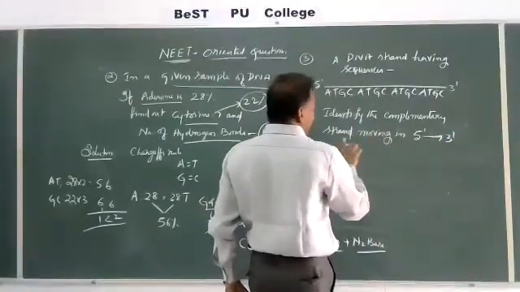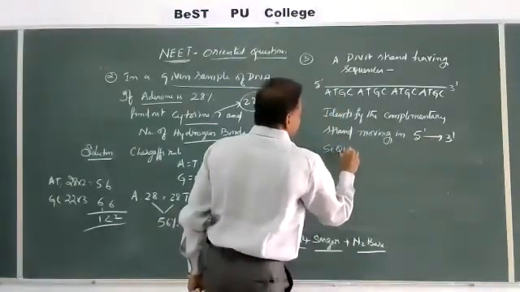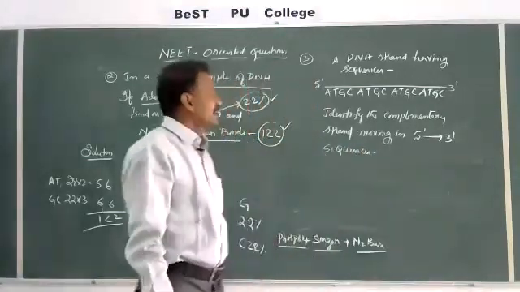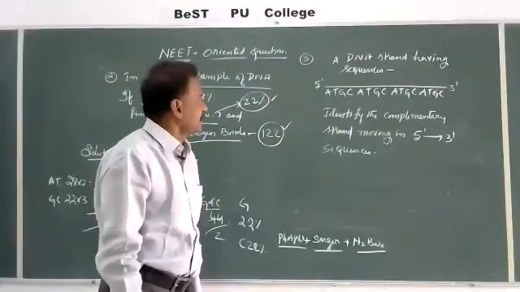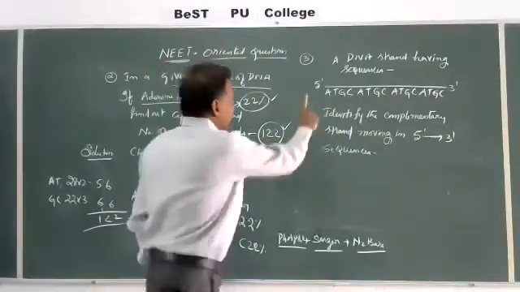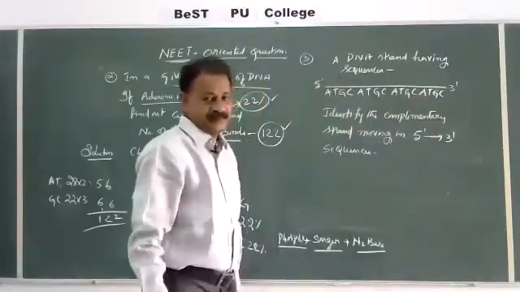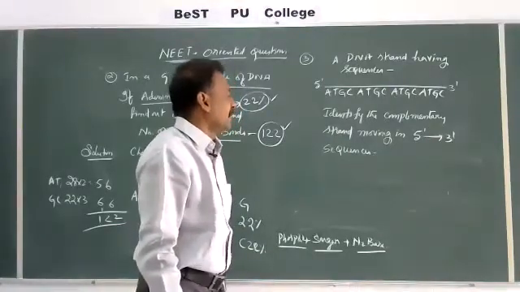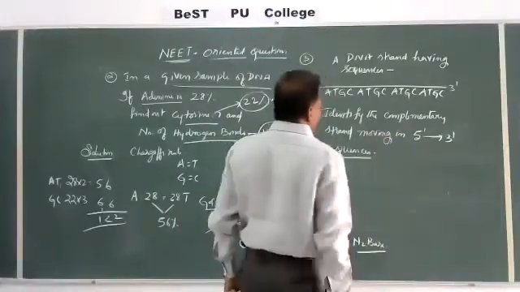Identify the complementary strand moving in 5' to 3' sequences. They asked a question like this. Remember the ends. Identify the sequences of the complementary strand in the 5' to 3' direction.